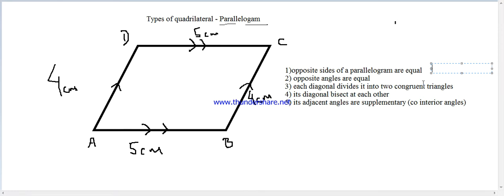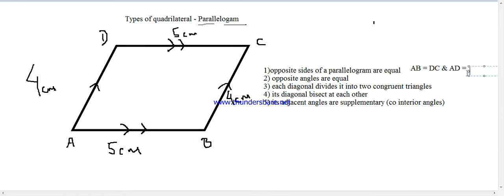Side AB is equal to DC, and also AD is equal to BC. Alright, this is very important.